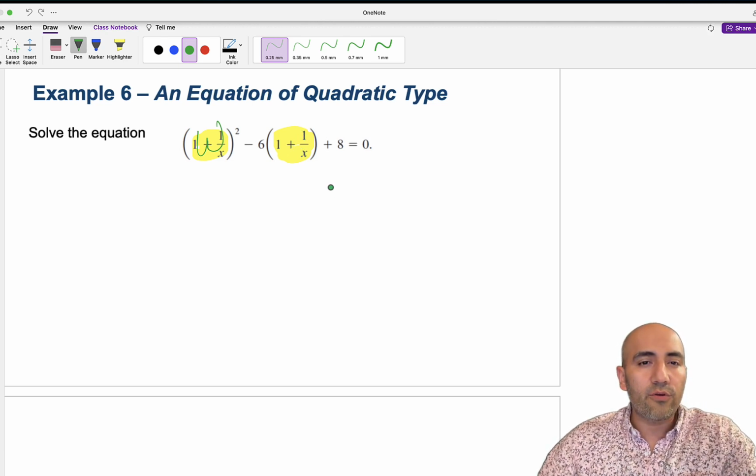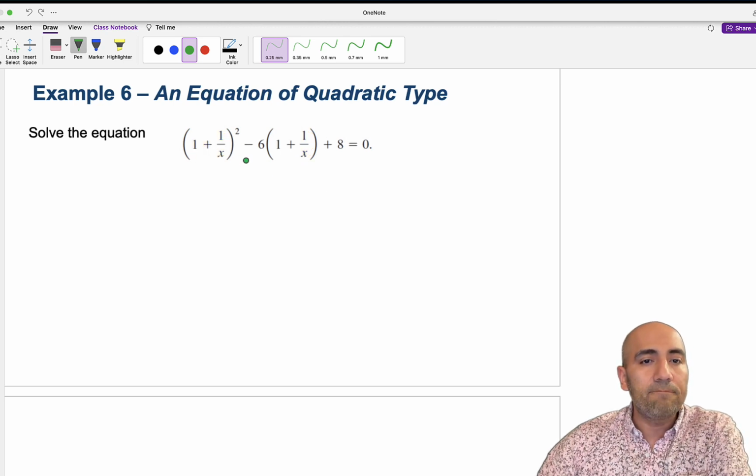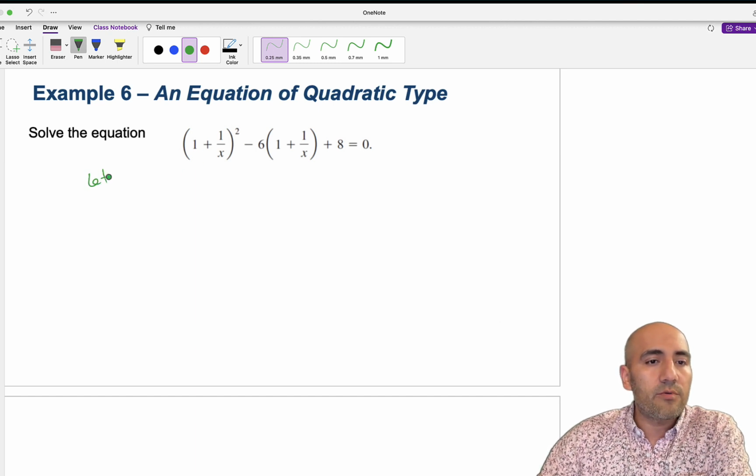We're going to look for things that look like they're quadratics in disguise and simplify them. So I'm going to do a substitution. I'm going to let W, now W is just an arbitrary letter, but you could choose whatever letter you like other than x, because otherwise that'll look confusing.